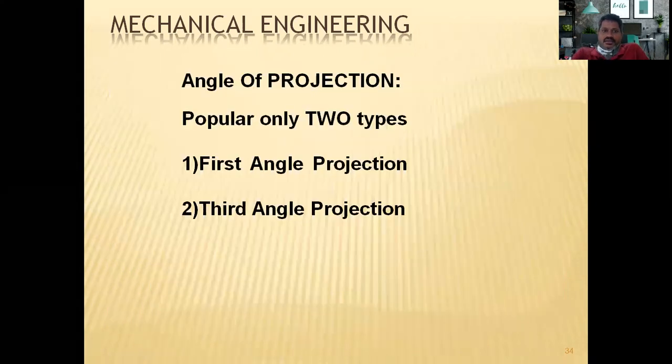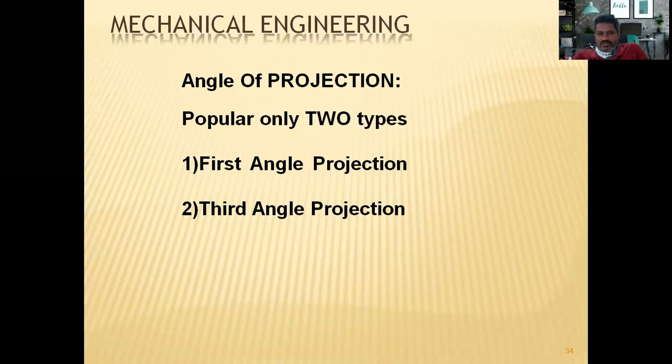Now, there are two popular angles of projection: first angle projection and third angle projection. In first angle projection, the top view will be shown at the bottom, the left side view will be drawn at the right side, and the right side view will be drawn at the left side. I will tell you why we represent the top view at the bottom.